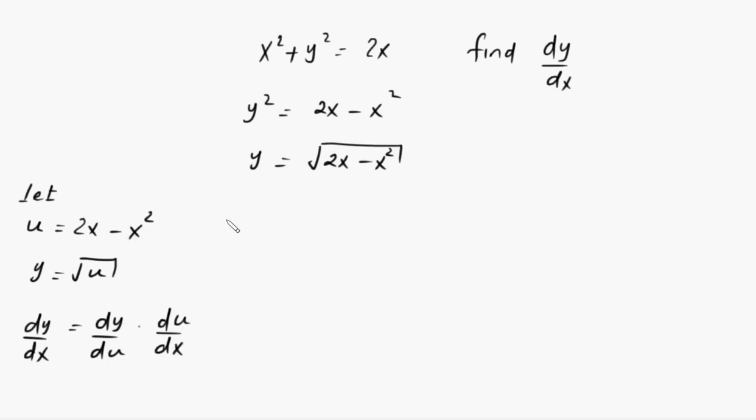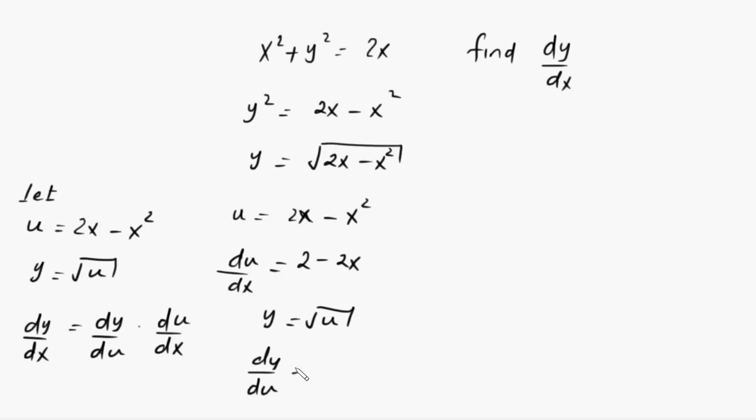So from this u equals 2x minus x squared, angepata du dx is just equal to 2 minus 2x. Afu from this one y is equal to the square root of u, angepata dy du is just equal to 1 over 2 radical u, like this.